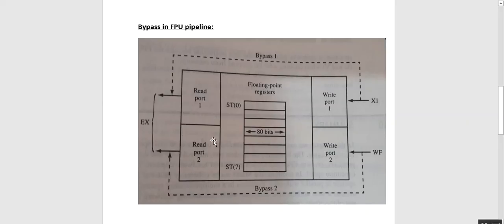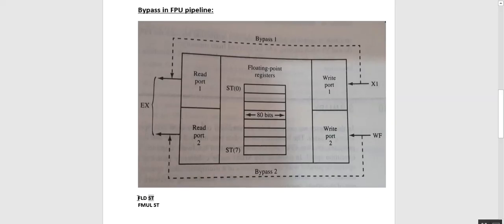For example, consider these two instructions. First one is FLD ST, then FMUL for the multiplication in ST. What happened? Both use the ST register as an operand. The result produced by the FLD must be available before the FMUL instruction can proceed.